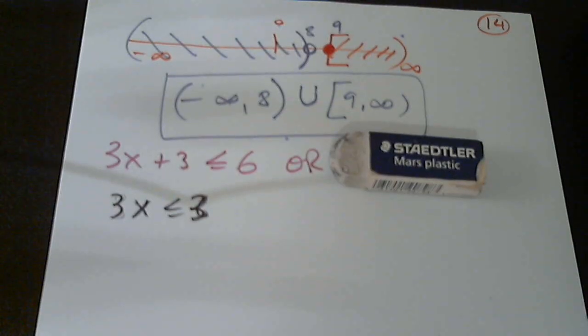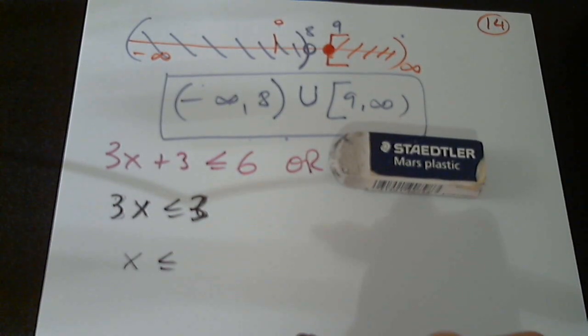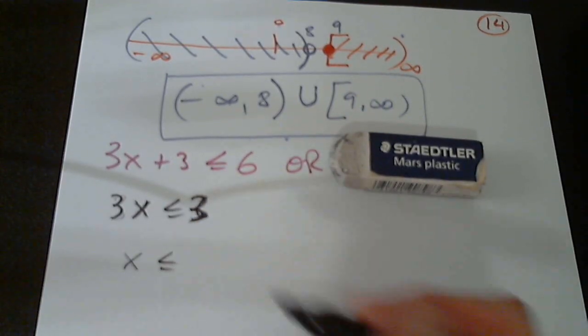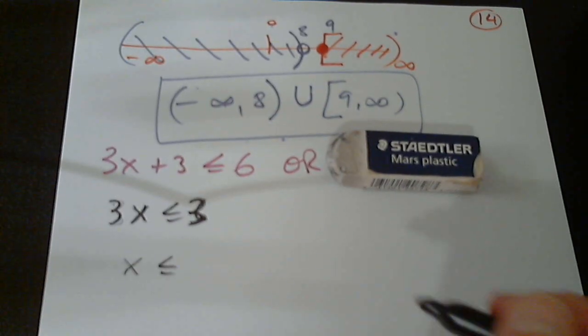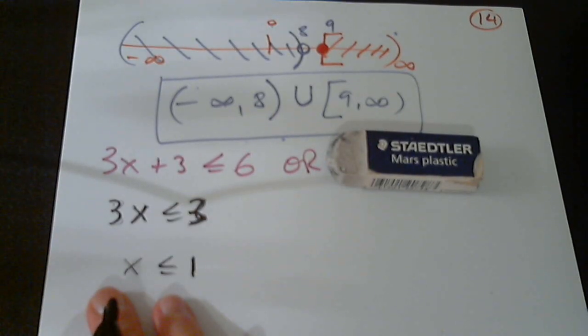Good. And then I divide both sides by 3. Perfect, to get 1. This is done.